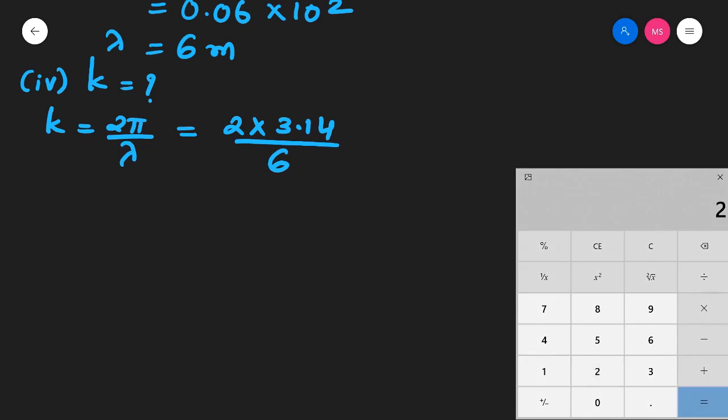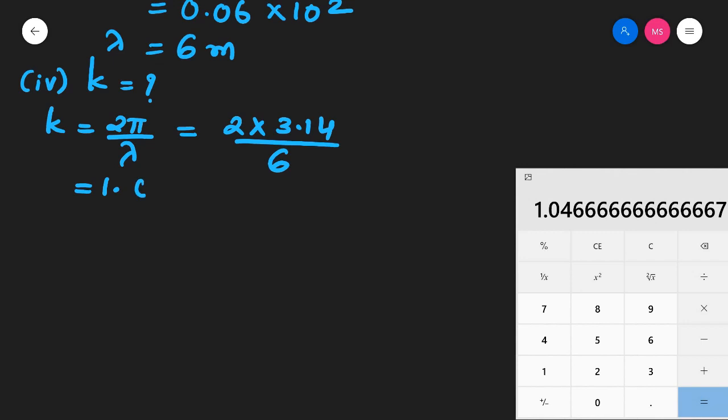So 2 into 3.14 divided by 6 will give you 1.0466, or you can write nearly equal to 1.047 radian per meter. This will be the value of wave vector.